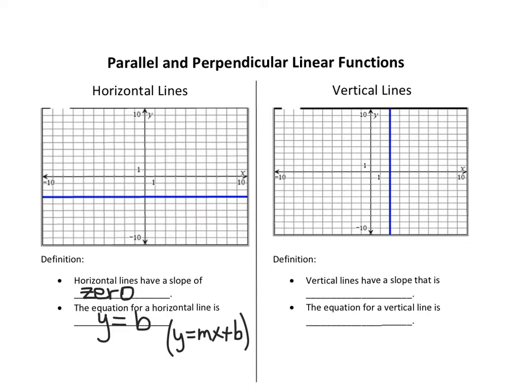So the vertical lines have a slope that is undefined. And the equation for a vertical line is x equals, and I'm just going to put a c right here, some constant number. So the one above, it's x equals 2. And the graph here is y equals -3.